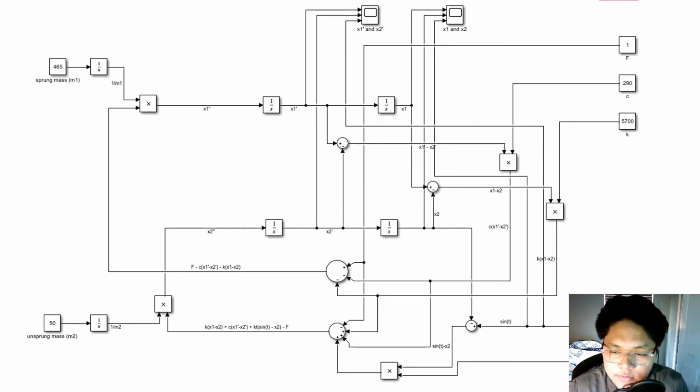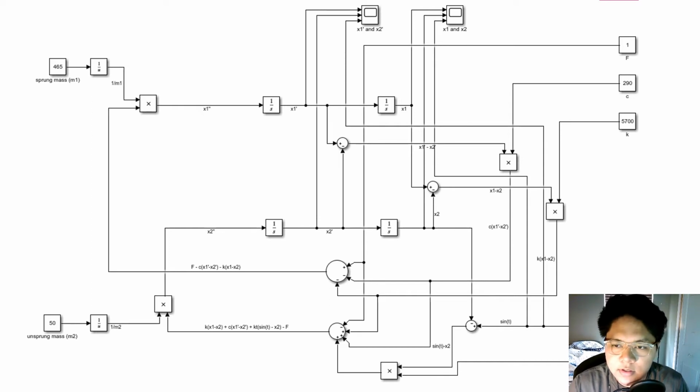And I also decided to graph the function of the road, xt, as we see in the original equation. The author used sine t for xt as a model of the road for analysis purposes.